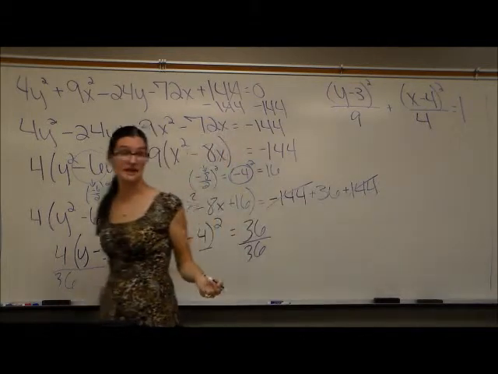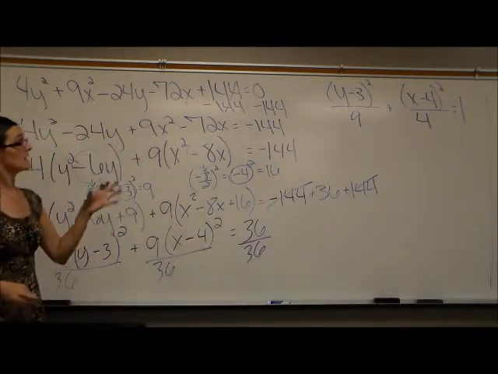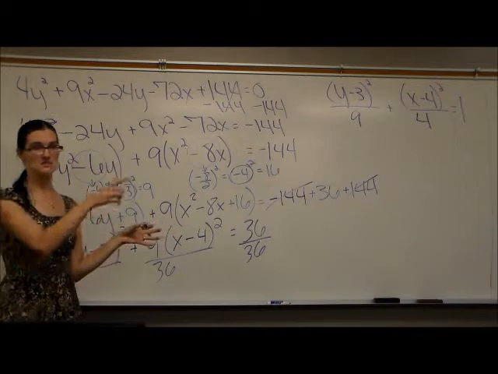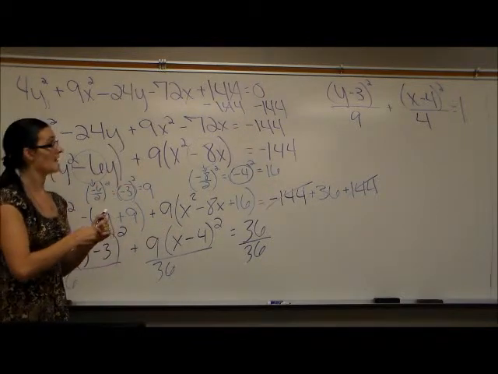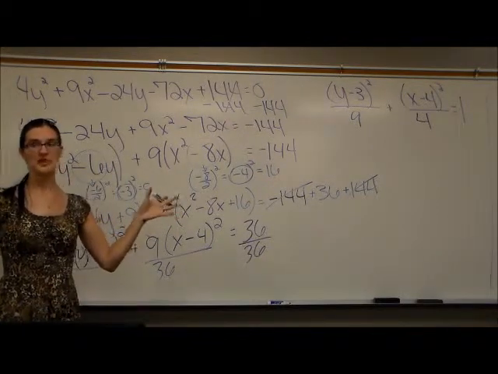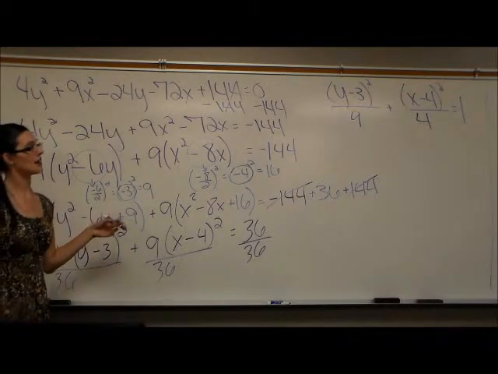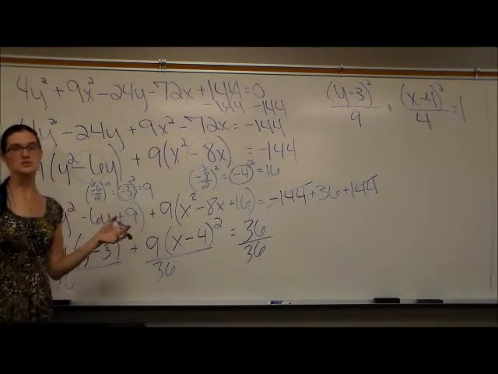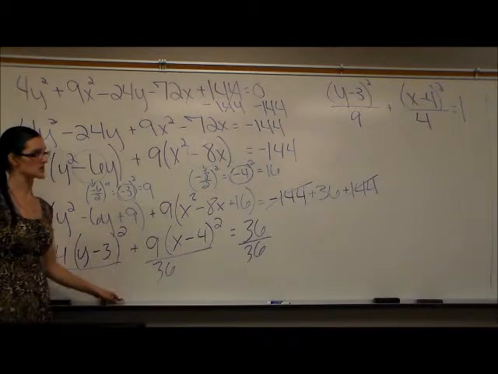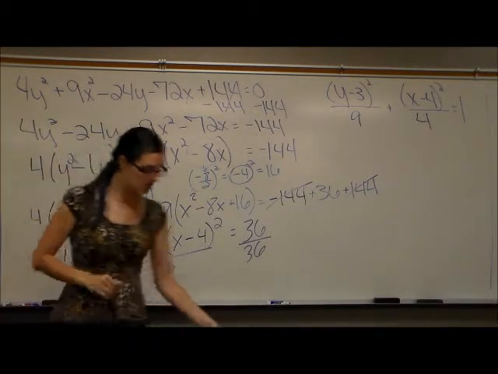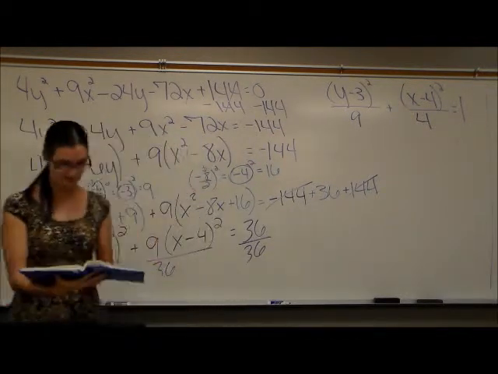This tells us our vertex, or our center, is at 4, 3, because keep the x with the x. And then our vertex is moved plus or minus 3 units, and our minor axis is moved plus or minus 2 units, because it's always square roots. So that is your equation in standard form.